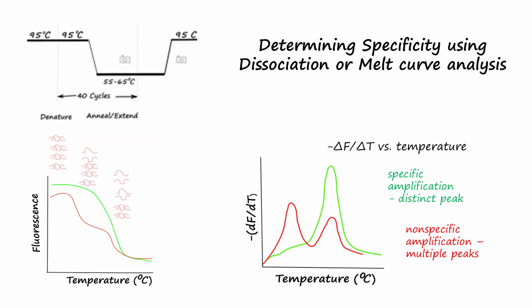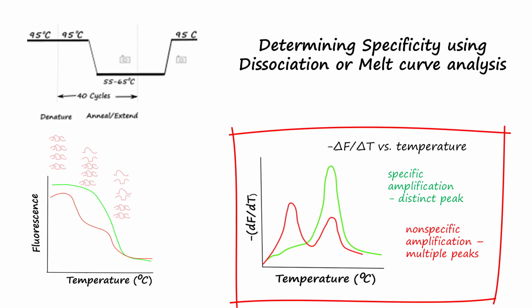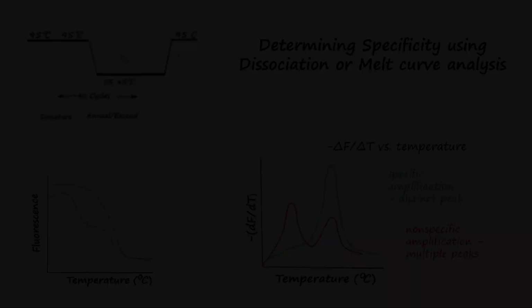A clear view of melting dynamics is seen when negative change in fluorescence divided by change in temperature is plotted against temperature. A distinct melt peak typically characterizes specific amplification, while multiple melt peaks will likely be present if multiple PCR products are formed due to non-specific amplification.